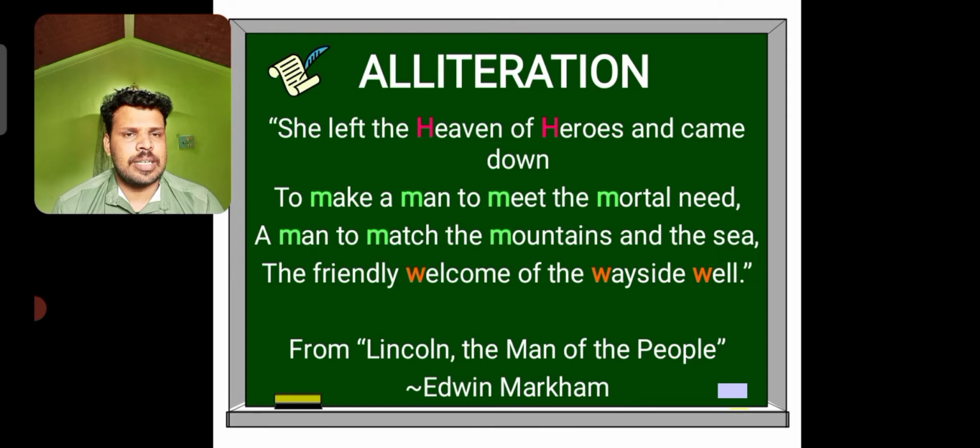Look at the second line, to make a man to meet the mortal need, there is a repetition of M sound. The third line as well, a man to match the mountains and the sea, there is also a repetition of M sound. And the friendly welcome of the wayside well, there is a repetition of W sound. So this is alliteration. This is very simple.